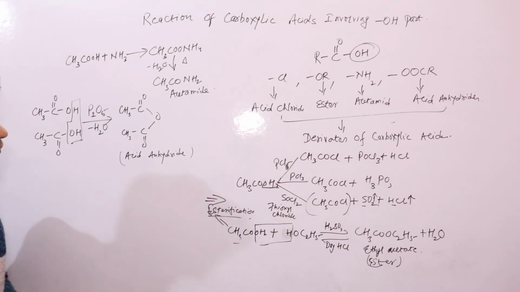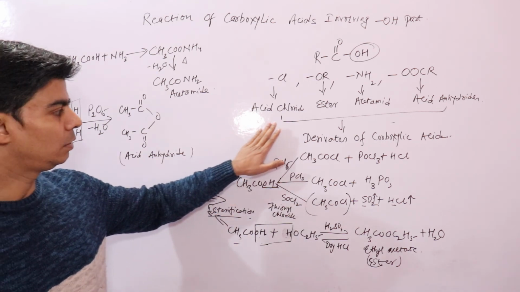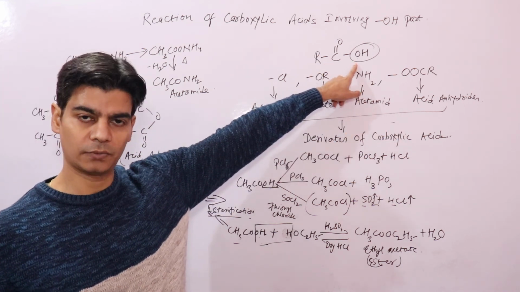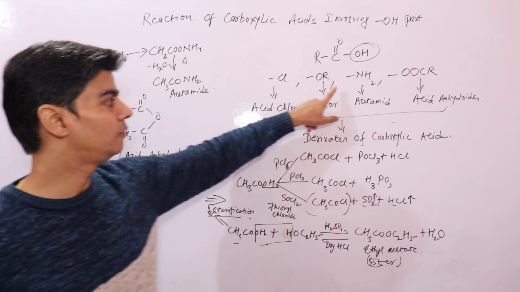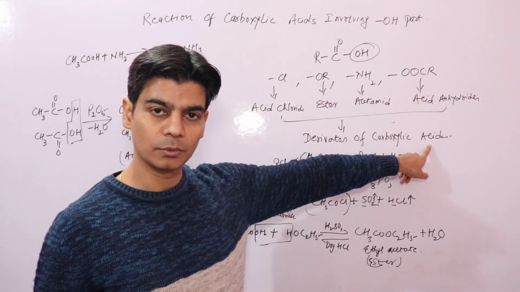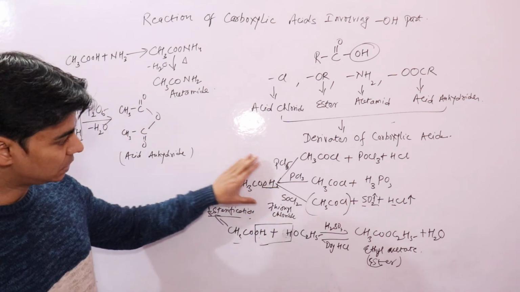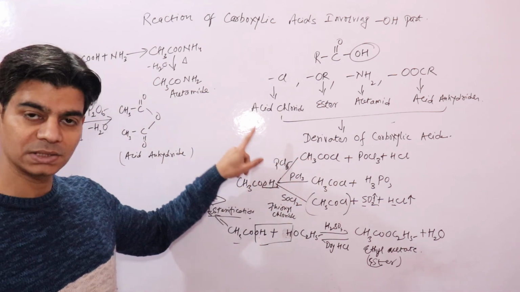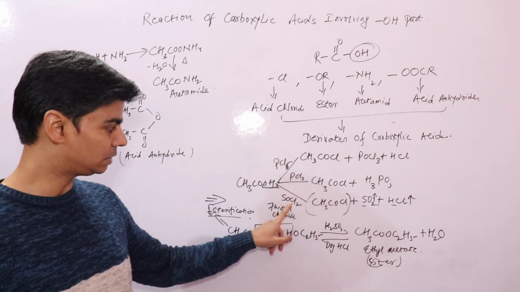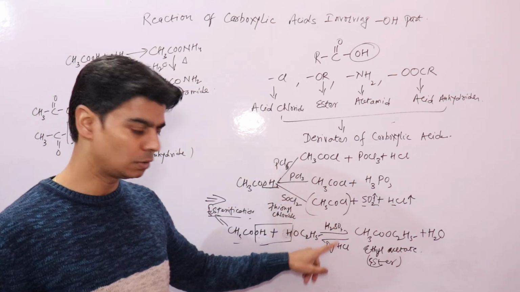So what we have done in this lecture is we have looked into those chemical reactions where the OH part of carboxylic acid is replaced by different groups to form derivatives of carboxylic acids. First is acid chloride, where carboxylic acids react with PCl5, PCl3 and thionyl chloride to form acid chloride.